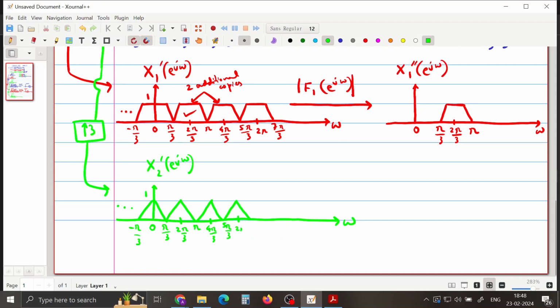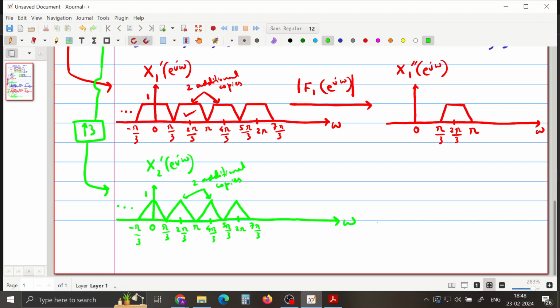This is centered at 2 pi, 7 pi by 3. Again I'll mention that these two are our two additional copies introduced because of upsampling. Great.